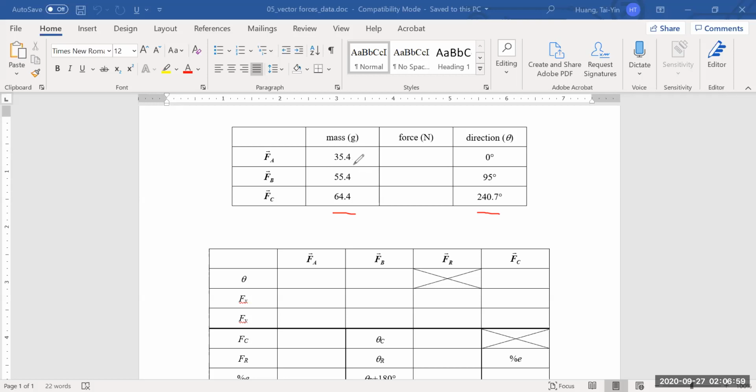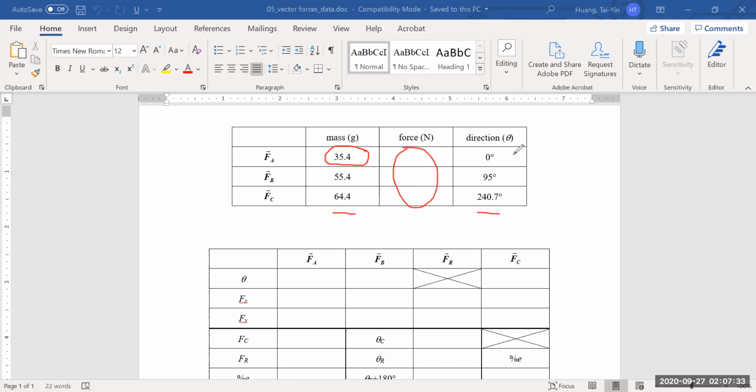Okay, so you have 35.4 grams on pulley A, and this amount of mass on pulley B, and this amount of mass on pulley C. So you need to figure out the force, I'm sorry, how much force is provided by the mass on the pulley. So you just need to use this number, convert it to kilograms and multiply by 9.8. That will give you the amount of force. Okay, so we do that calculation and enter it in this column.